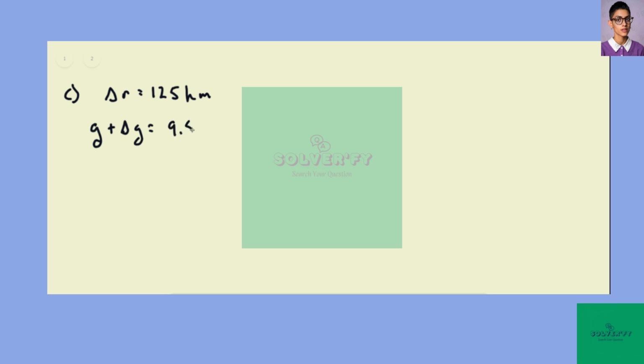It's going to be 9.8 meters per second squared times 1 minus 2 times our 125 kilometers, which is 1.25 times 10 to the 5th meters, divided by the radius of the Earth, which is 6.38 times 10 to the 6th meters.